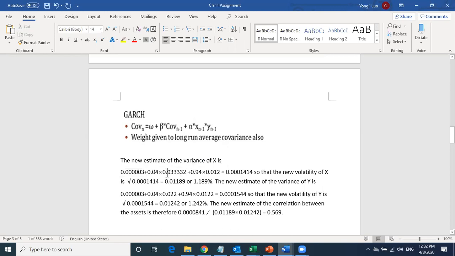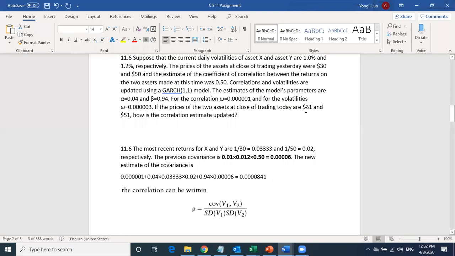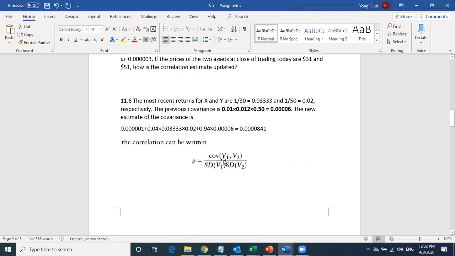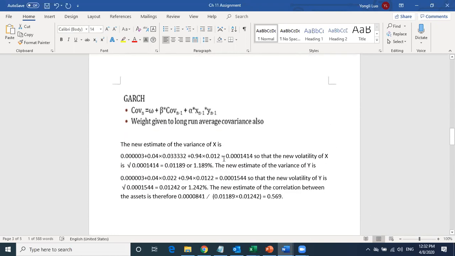And this is your beta, 0.04, times the variance of the previous period. Remember, this is 1.2% for the X.